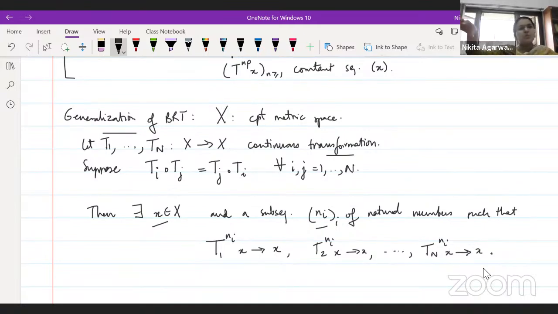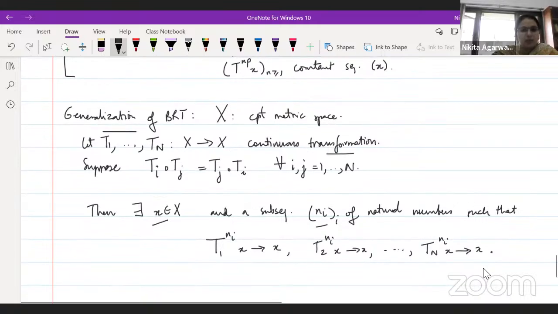So these maps Ti's are all distinct, let's say, so they go wherever they want to go. But after the same number of iterations, they keep on coming back to x as close as you want. Now, commuting is essential here.